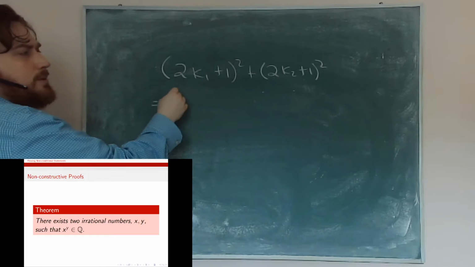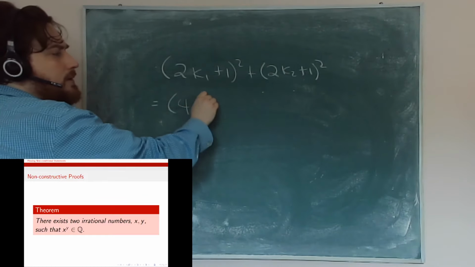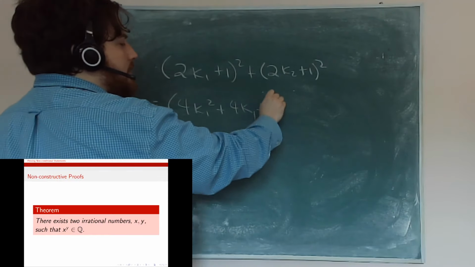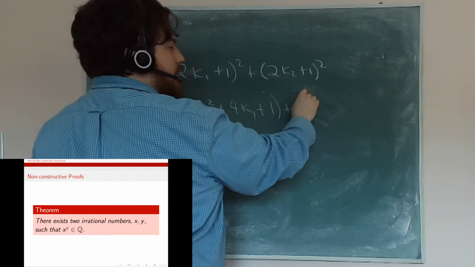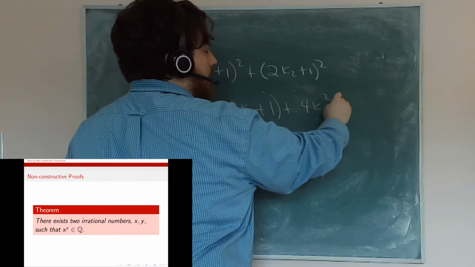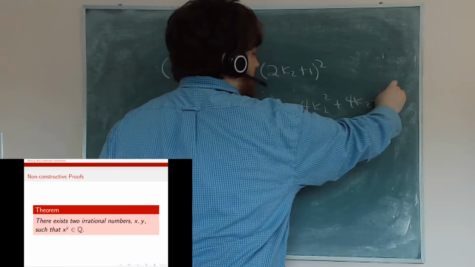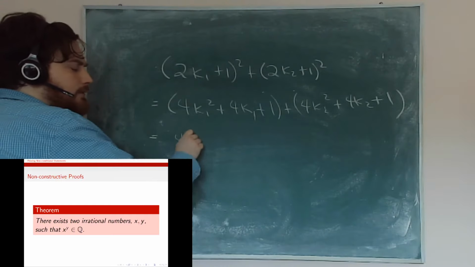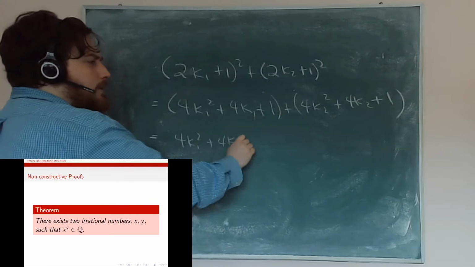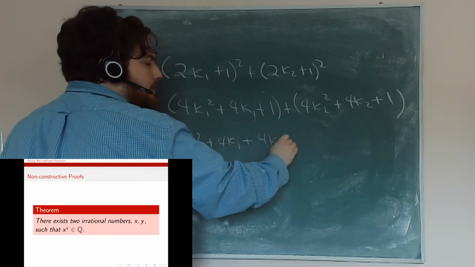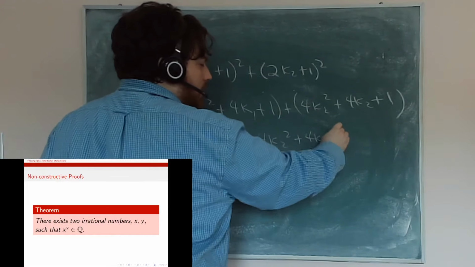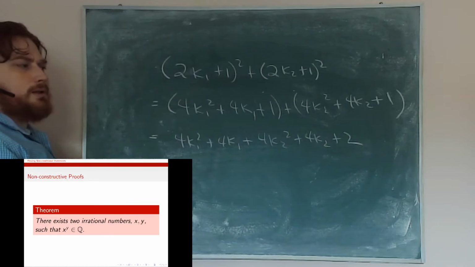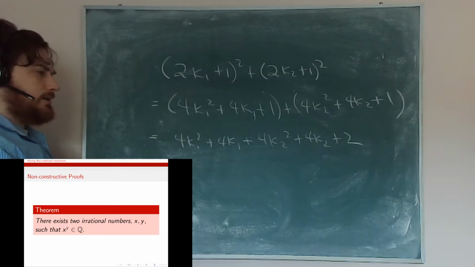And if I multiply this out, I get 4k1 squared plus 4k1 plus 1 plus 4k2 squared plus 4k2 plus 1, which is equal to 4k1 squared plus 4k1 plus 4k2 squared plus 4k2 plus 2. There was some arithmetic in there, but I'm just foiling it out and I get this.